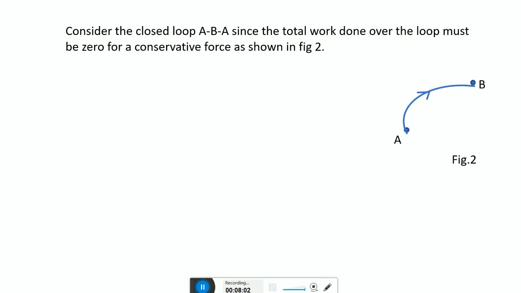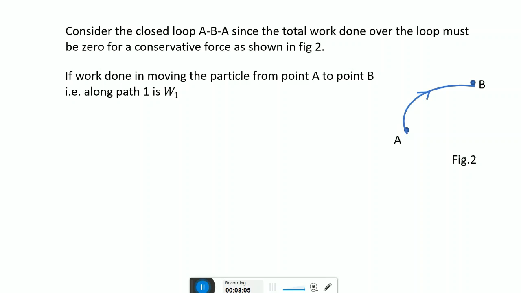This is point A, this is B. If the work done in moving the particle from point A to point B, that is along path 1, is W1, then W1 is equal to the integration from A to B along path 1 of vector F dot vector dr. This is the value of W1.